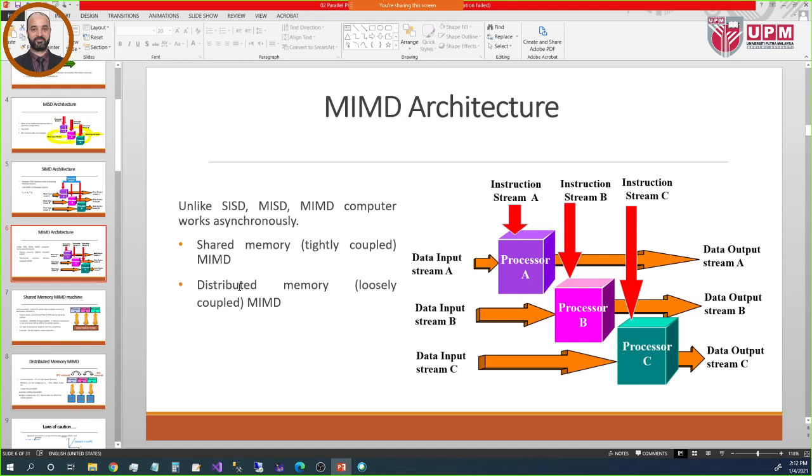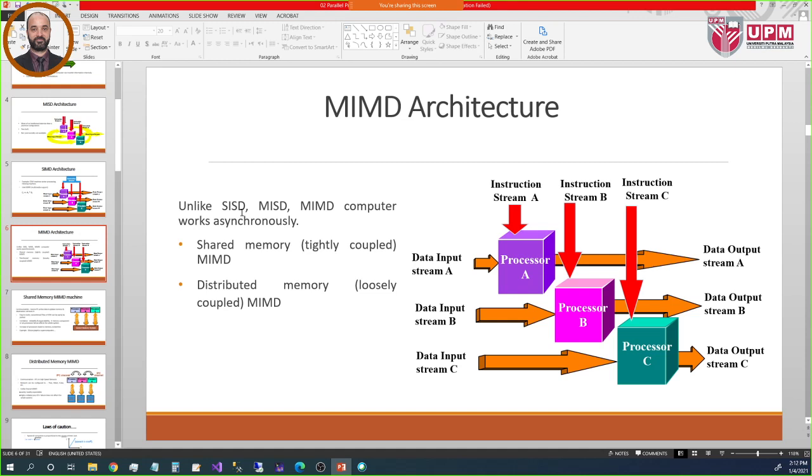Also, big architectures like cloud computing and grid computing environments are based on MIMD.